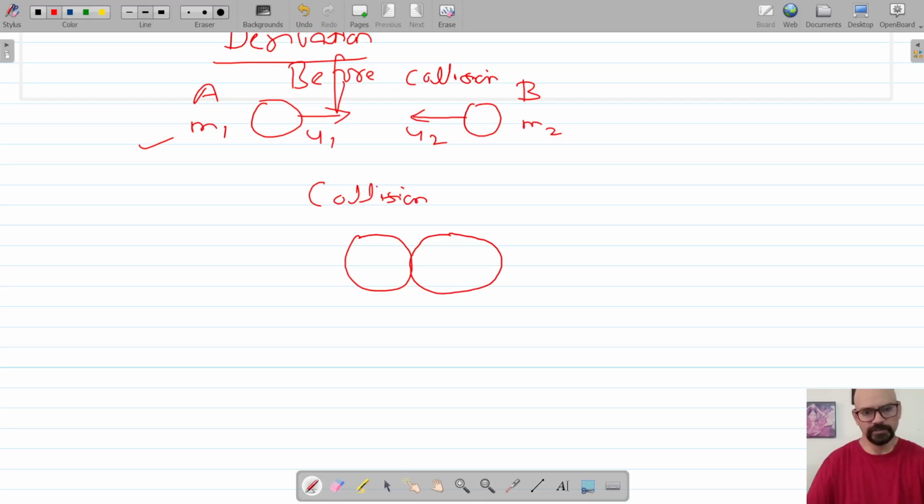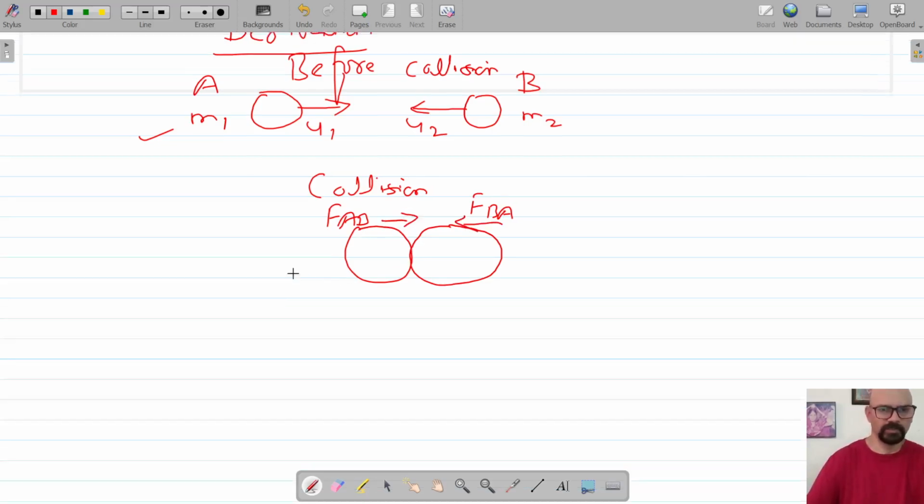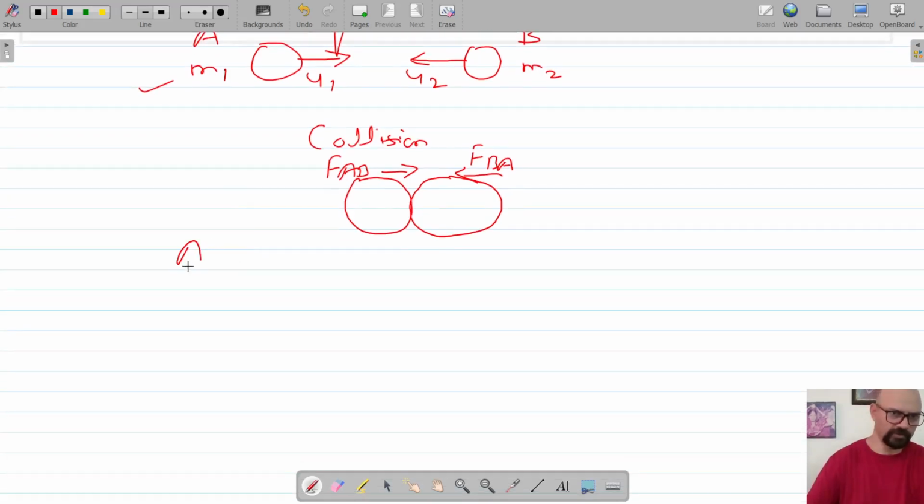After collision they will either move away from each other or get deflected in a particular direction.